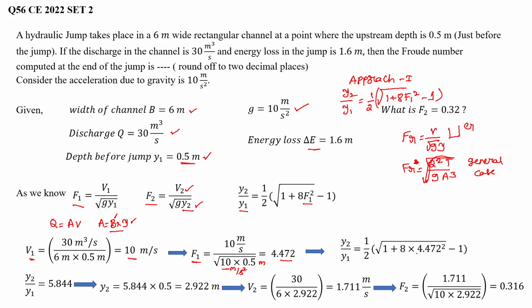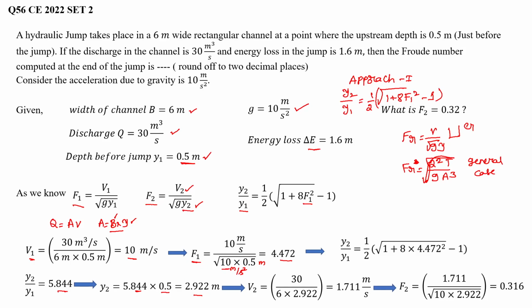Now let's substitute this value in the equation. y2 divided by y1 equal to 1 by 2 square root of 1 plus 8 into 4.472 whole square minus 1, which gives us a value of 5.844. Now we know y1, and we can directly calculate y2 equal to 5.844 into 0.5, which gives a value of 2.992 meters.